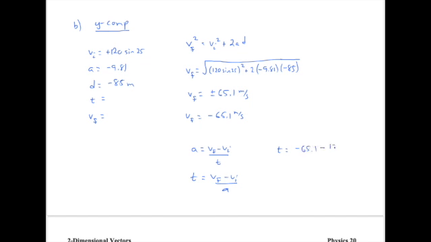I'm subtracting that 120 sine 25. You can put a value in for that, of course, as well. And I'm dividing by negative 9.81. And so in this case, my time is going to end up being 11.8 seconds. And that'll be the time, of course, in both components. But we'll find it using that y component.